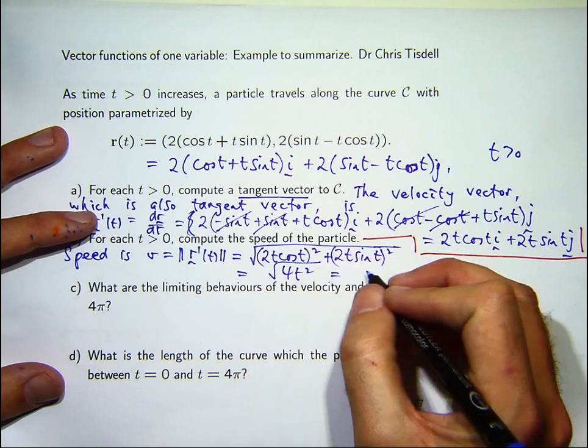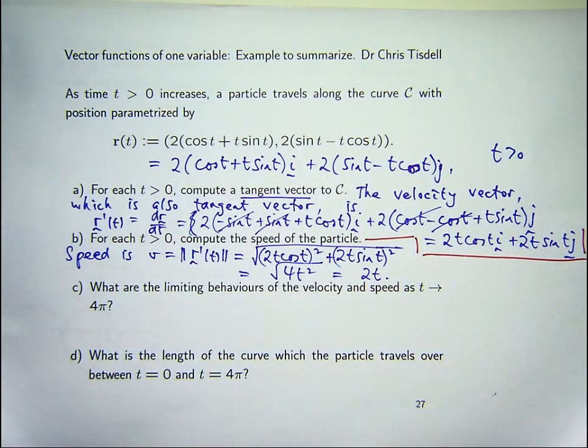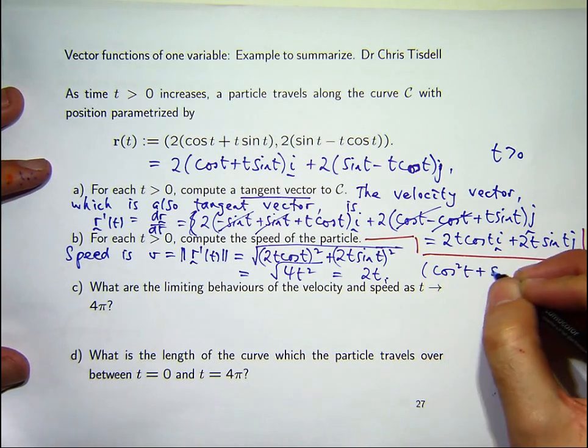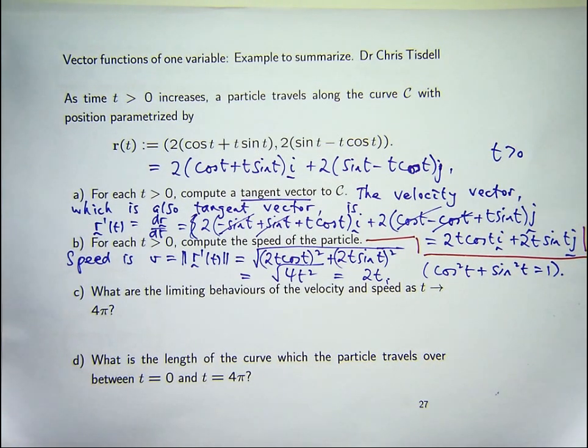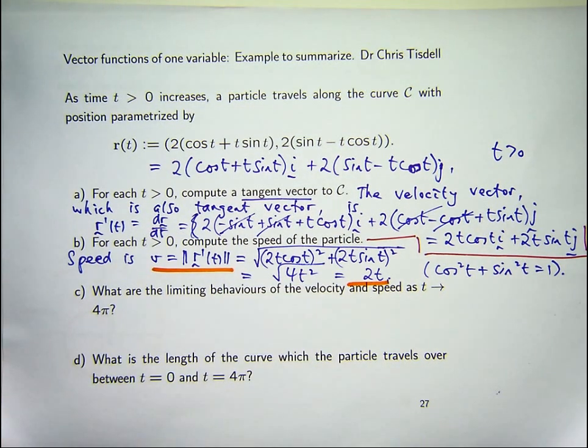And because t is positive, I can just get the answer to t here. I don't have to worry about absolute value signs. Okay, so I haven't put all the details in there, but that's the rule I'm using. So the speed is 2t.